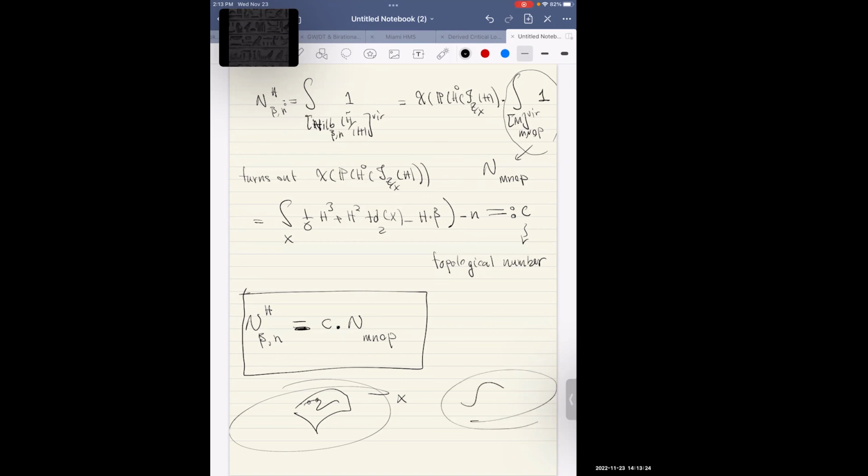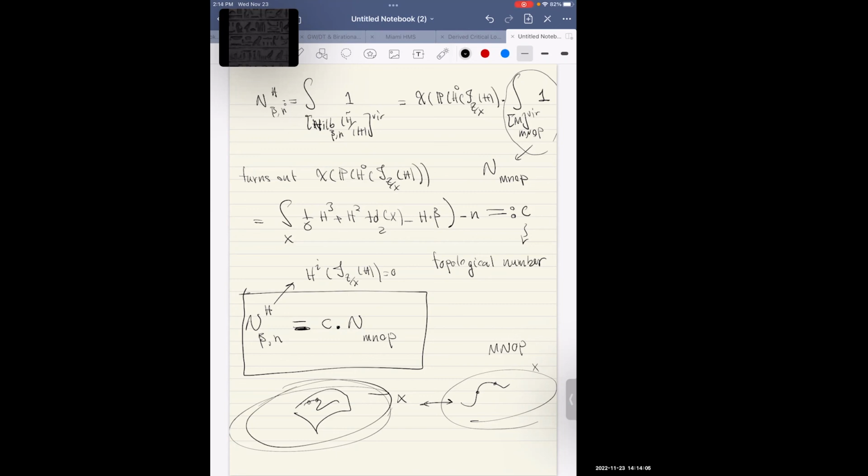There is some other problem where you had only curves deforming inside X, and that was studied by MNOP. So for those curves with respect to which this condition is satisfied, not all of the curves, we are not counting all the curves, we are counting only a few for which this cohomology vanishes, we can see that the contribution of those curves is actually calculated from MNOP invariance, just times a topological number.